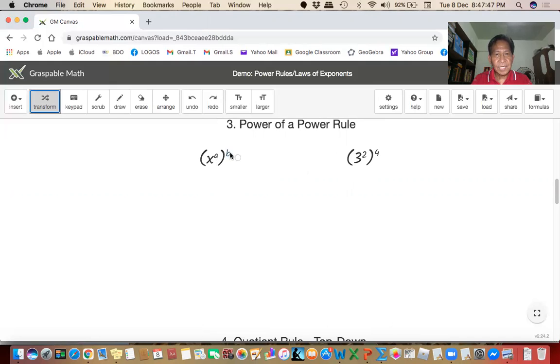All right, observe what happens. So that's the illustration of the power of a power rule.